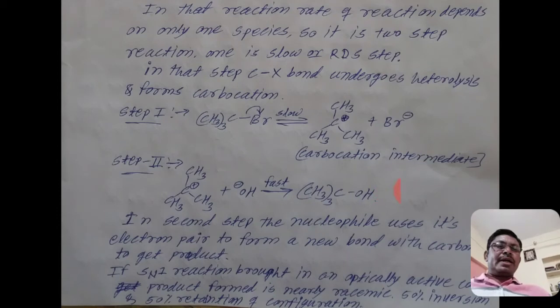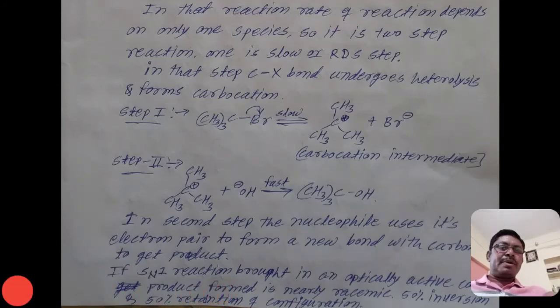If the reactant is an optically active compound, then the SN1 reaction gives 50% inversion of configuration and 50% retention of configuration. That means the nucleophile attacks 50% from the front side and 50% from the back side.